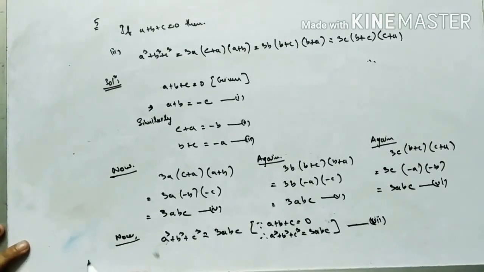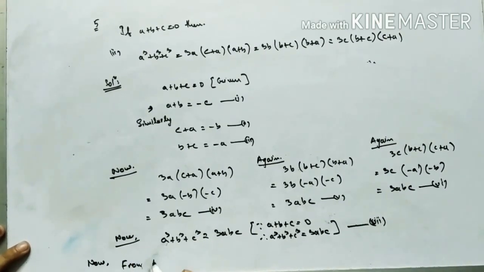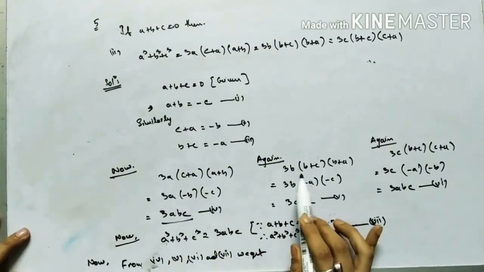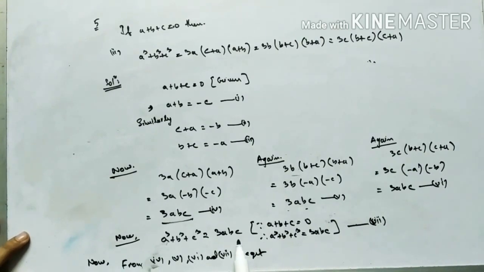So now you see, from 4, 5, 6 and 7, from these equations we get that this is equals to 3ABC, this is equals to 3ABC, this is equals to 3ABC, and this is equals to 3ABC.